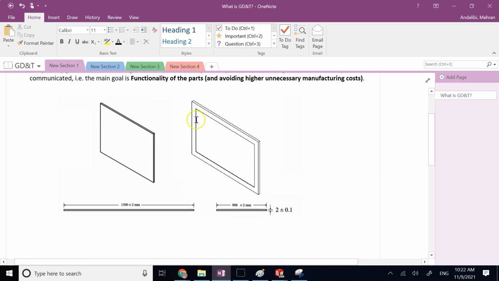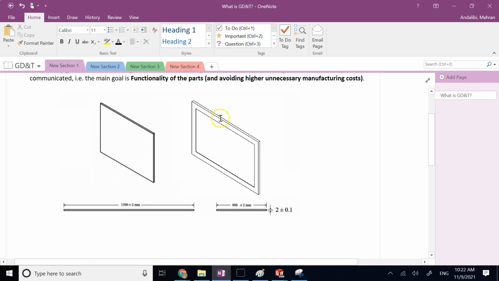Now, the size of this area in the wall is fixed, okay? It is about 1500 mil by 900 mil. And the depth of this pocket is about 5 millimeters, okay? So the depth of the pocket is 5 mil.